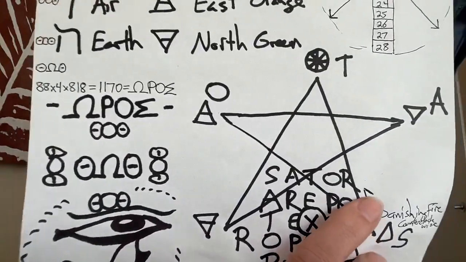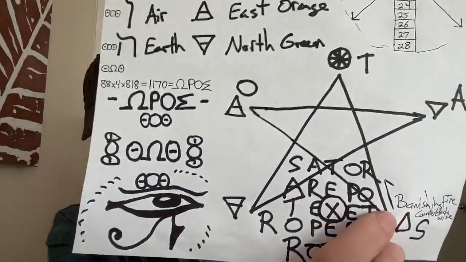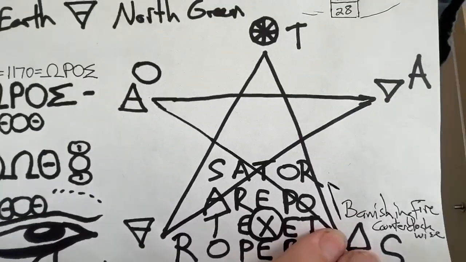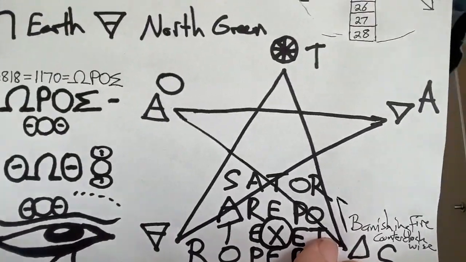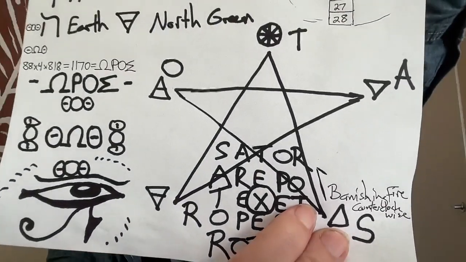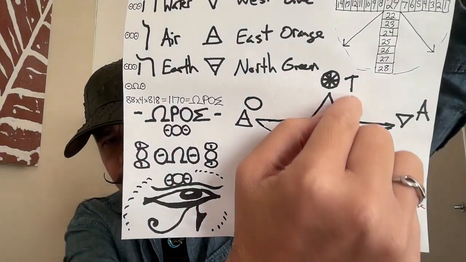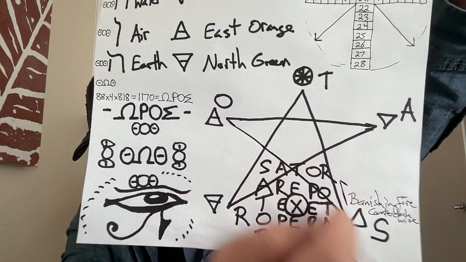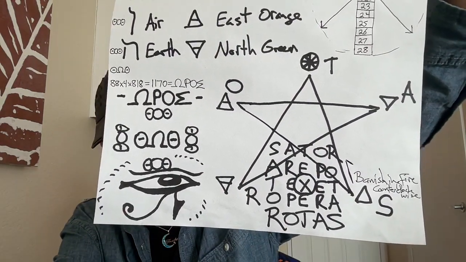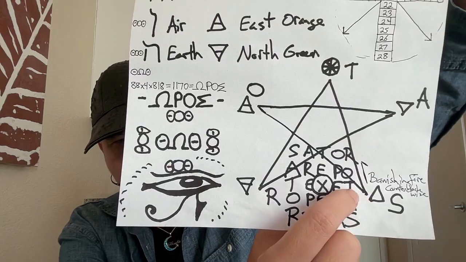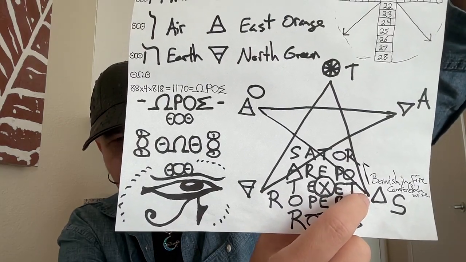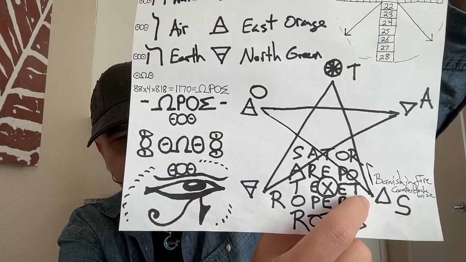I just wrote this little symbol here, and that means if you want to do a banishing fire pentagram, you would start with this lower right arm correlated to the element fire, and you would draw a counterclockwise pentagram like that, until it completes at this lower right end again. So you're doing counterclockwise. That's banishing. Counterclockwise is banishing, and then clockwise is invoking.